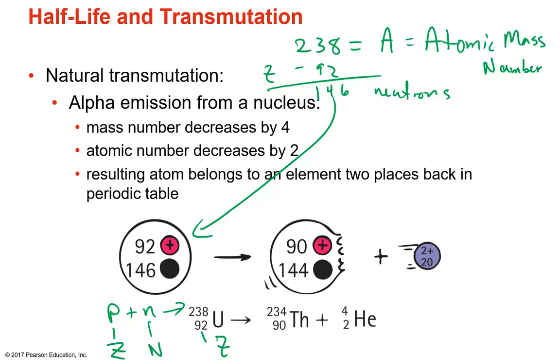This is unstable. It decays into a thorium by giving off something that has... Why does it say 2 plus 20? It's not 20. It says 20 though. I know. I was just going to point that out. That 0 means 2 neutrons, 2 things with 0 charge. But it sure as life looks like a 20.